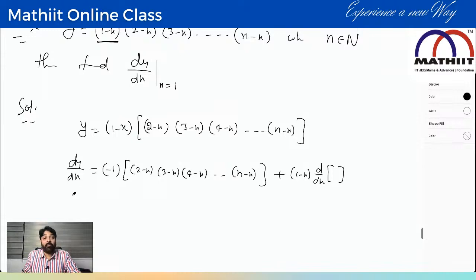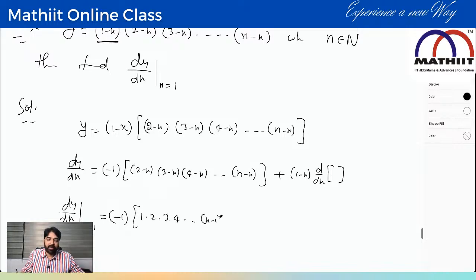The rest I'm not feeling like writing, because I know it's going to be 0. If they ask to find dy by dx, then I have to do everything. But they are asking to find dy by dx at x equal to 1. So why should I waste my energy? Put x equal to 1 here. So that will be minus 1 into 1, 2, 3, 4, till n minus 1, that is 1 into 2 into 3 into 4 till n minus 1, plus 0.